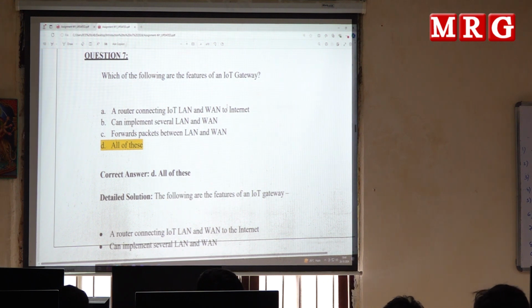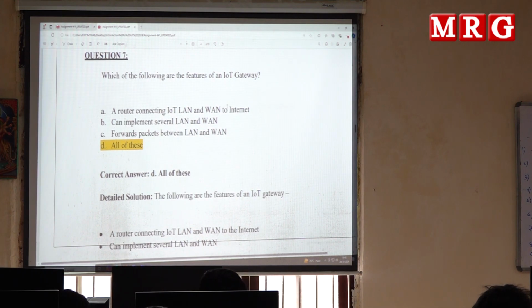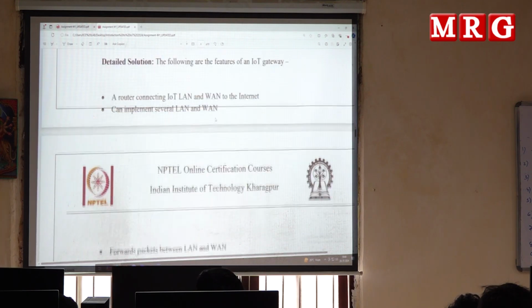Or this is also an option: forward packets from LAN to WAN. All of them give almost the same meaning. A, B, C. Almost extending data from local networks to wide networks. That is what is possible using a gateway. So what is the answer? All of them. Next.